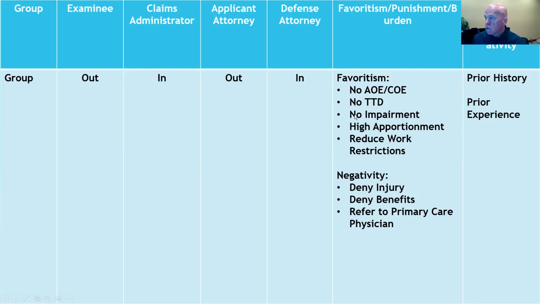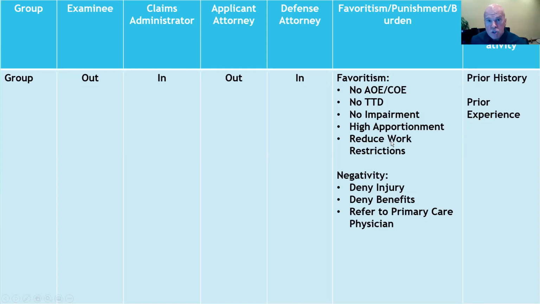If it's an accepted claim and it does pass through the AOE, COE portal of entry, you might opine for either low or even no permanent impairment against this examinee who, in your opinion, based on your prior experience, actually doesn't have actual impairment. If there is impairment, you'll provide a high apportionment to other factors and a very low apportionment percentage to the industrial injury.